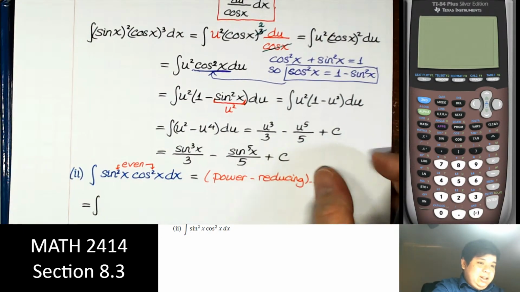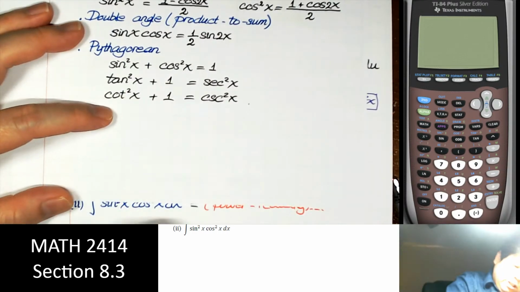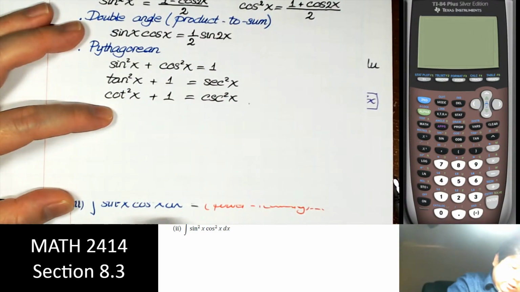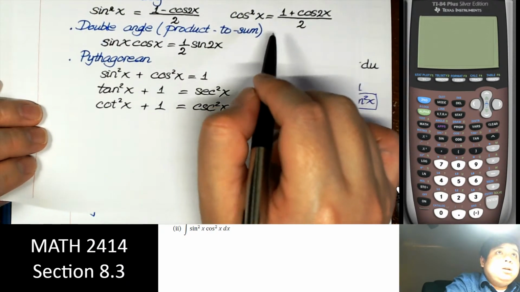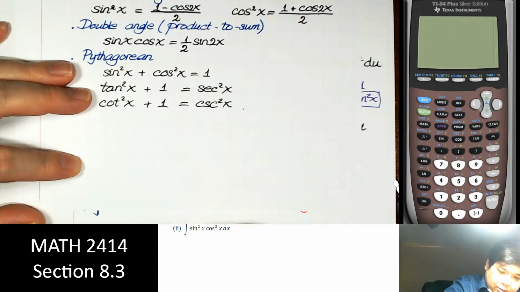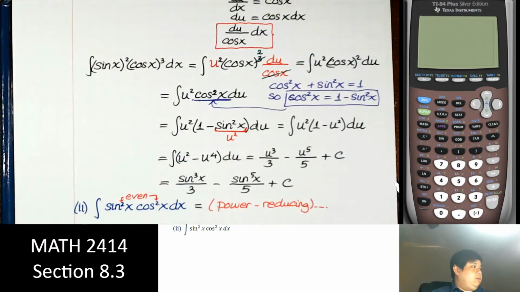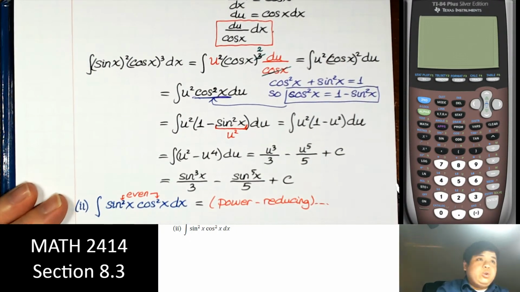So sine square is 1 minus cosine of 2x over 2. And cosine square is 1 plus cosine of 2x over 2. So that is power reducing.